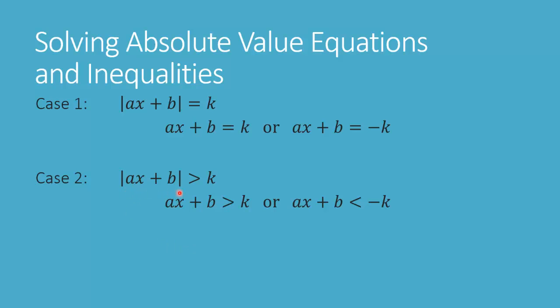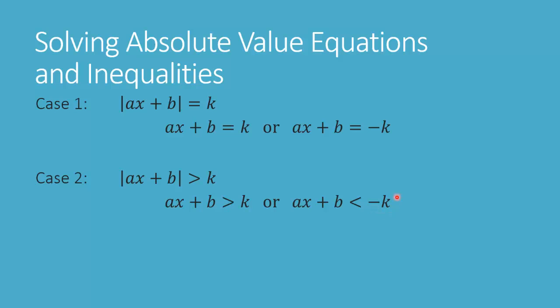Case 2, we're looking at all numbers that are greater than k. In this, you split it up very similarly. You look at ax plus b greater than k as if you just took the absolute values out. And then, it's very similar to the properties when you multiply by a negative, you flip the sign. You do the same thing here.